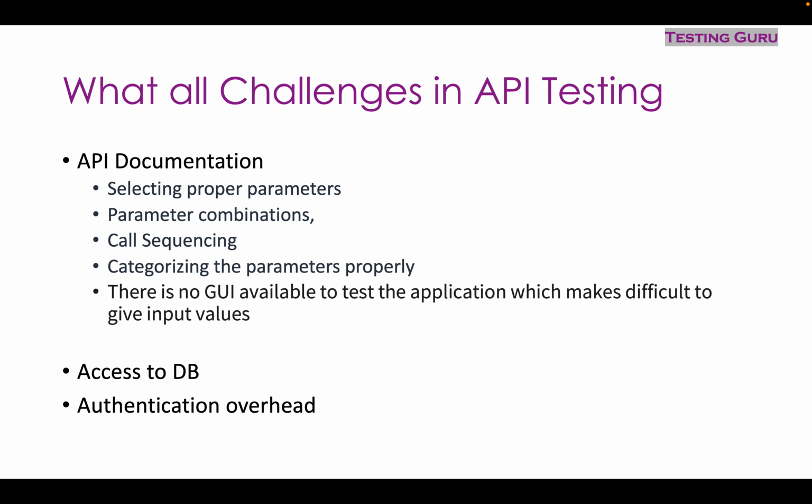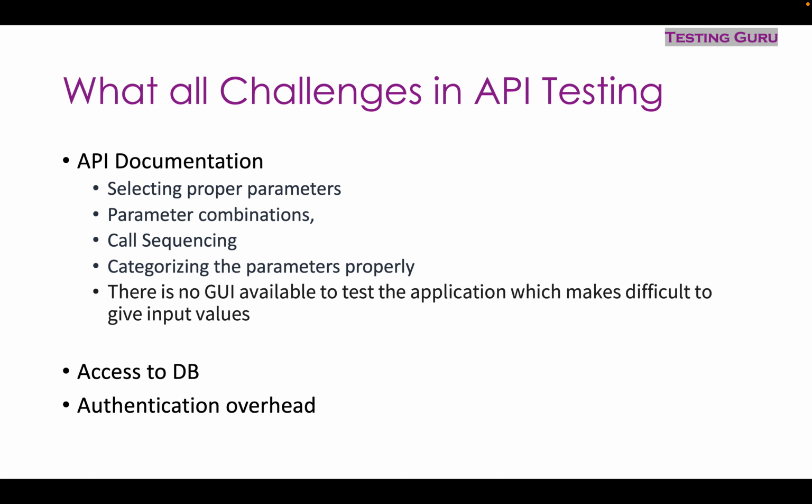In API testing, we need to have proper documentation. The reason is that we have to select proper parameters, and we have to handle parameter combinations, call sequencing, and categorizing the parameters properly, and there is no GUI available to test the application, which makes it difficult to give input values.